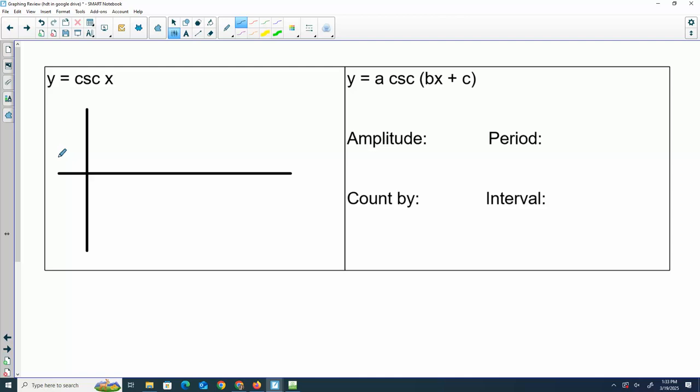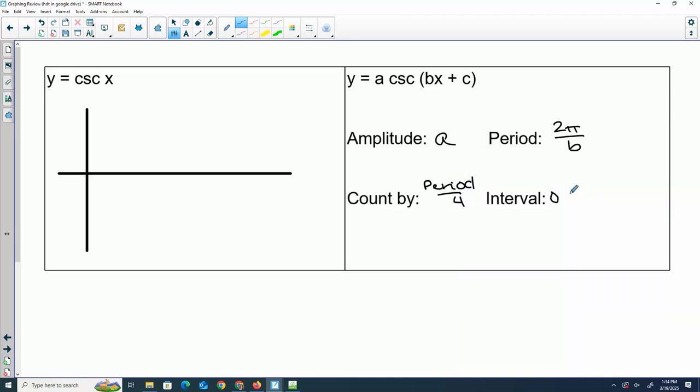Alright. Secant and cosecant. That's back to being like our other functions. So we're going to graph them just like when we did sines and cosines. Amplitude is the number out in front. Normal period is back to being 2 pi divided by the number in front of x. Count by is always period divided by 4.